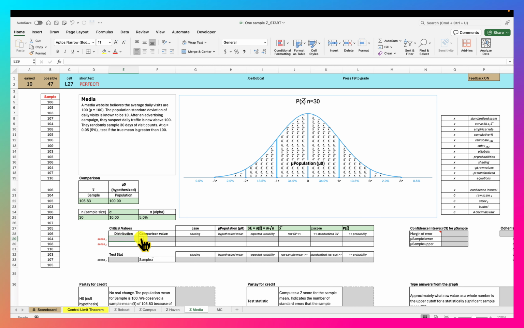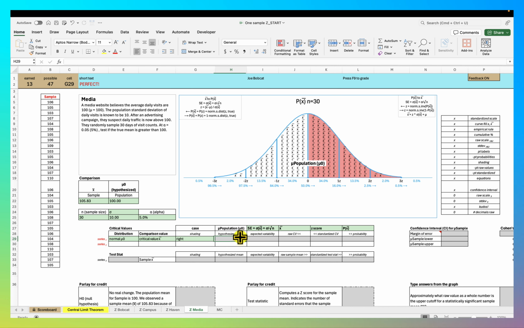So the distribution here is normal, mu 0. We're up here going for a critical value. Now, this is a directional test. We only have one line. Which direction? They suspect they're above. Above means to the right. So it's going to be a right test. It's not going to be that big. We'll make it smaller in a second.